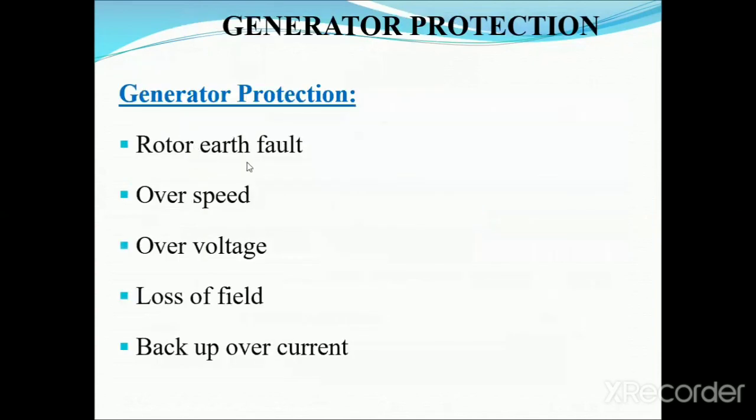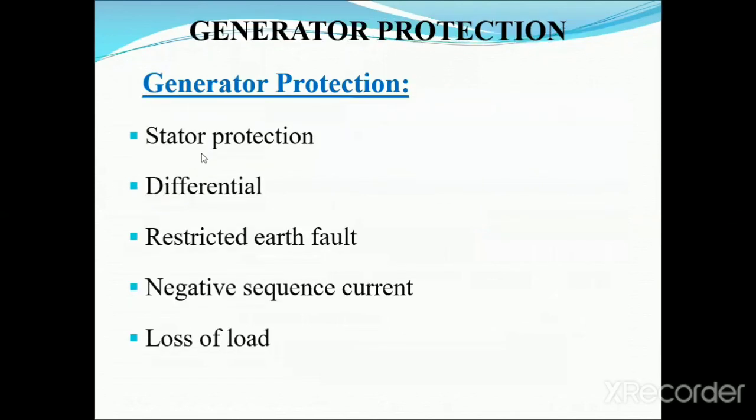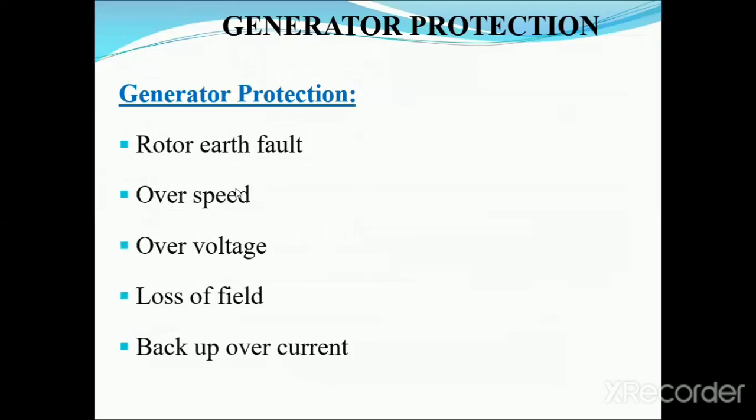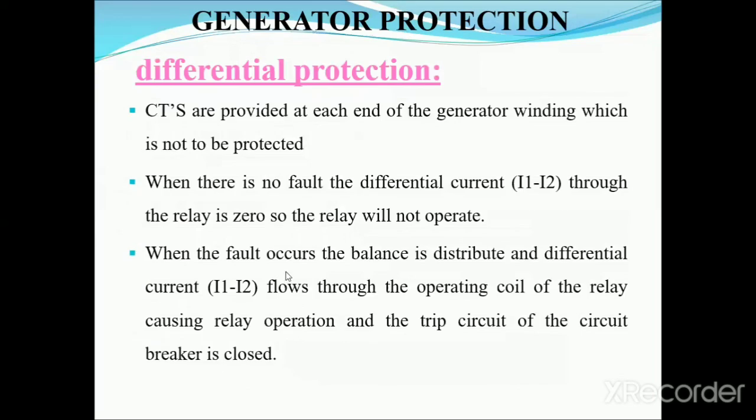Basically, the main generator protections are the stator protection, differential protection, restricted earth fault protection, negative sequence, loss of load, rotor earth faults, over speed, over voltages, loss of field, and backup over currents. These differential protections are used for protection of these generators.